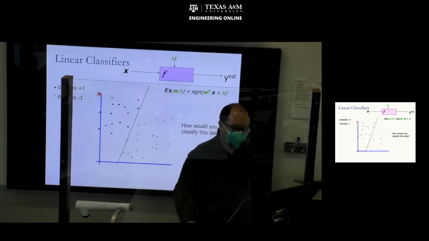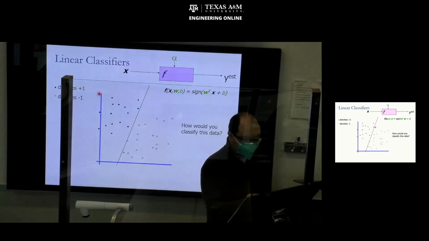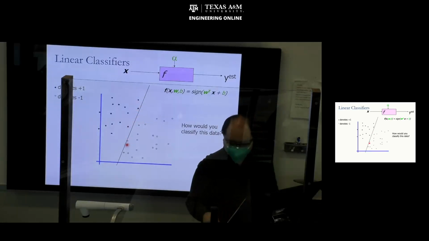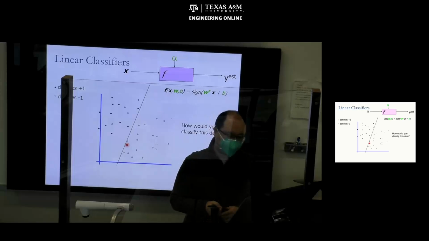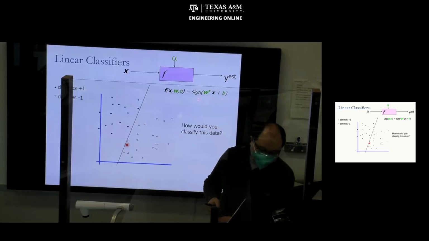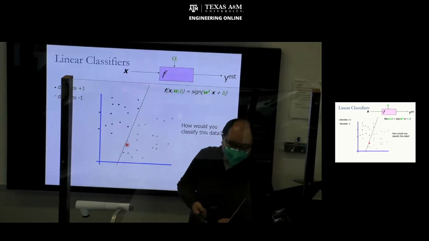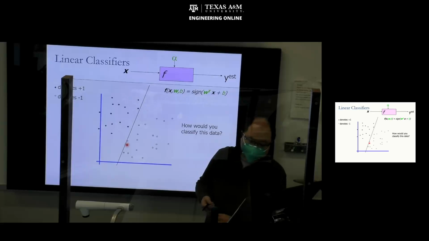The intuition is to keep the frontier of the blue or white as far away as possible from the classifier, so that you can avoid the noise in the data and have a more robust classifier.